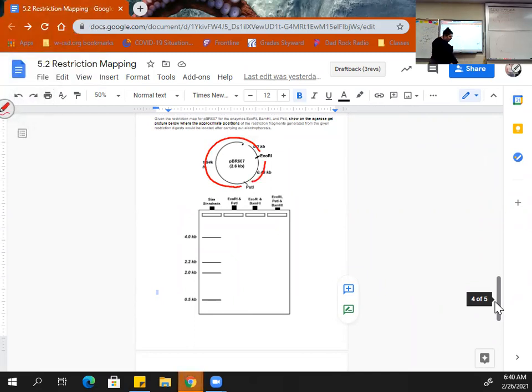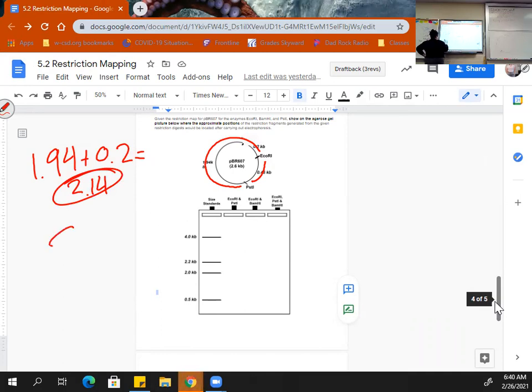So our long fragment is going to be 1.94 plus 0.2, which gives us 2.14. So that is going to be our first band. And then our second band, we don't have to add anything. It is just 0.46. So then this is just like drawing a gel like we normally would.